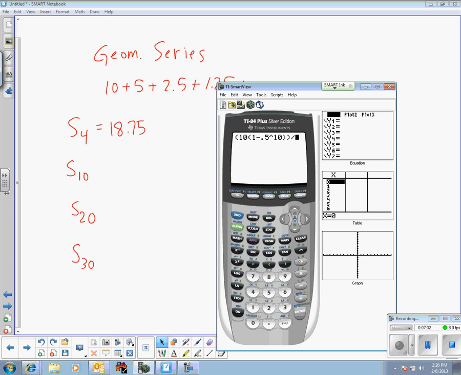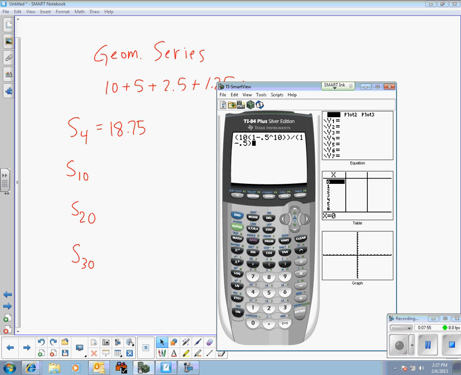Very common mistake is not to have your numerator and denominator in their own set of parentheses. Your denominator needs to be in parentheses 1 minus 0.5. The calculator knows order of operations. If you do divided by 1 minus 0.5, it's just going to take the number you had on top, divide it by 1, which won't change it, and then subtract 0.5 from it. So numerator and denominator in their own set of parentheses.